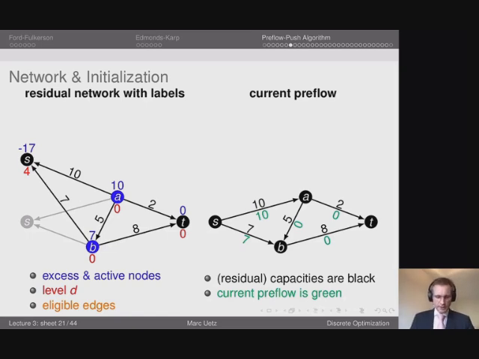The outflow is larger than the inflow, but that's okay. It's the source node, okay? So the source node is already hanging at level 4. That's the number of nodes in this network. All the other nodes here are currently at the level 0, so therefore there is this red zeros. Then we have an excess of 10 at this node A, and we have an excess of 7 at this node B.